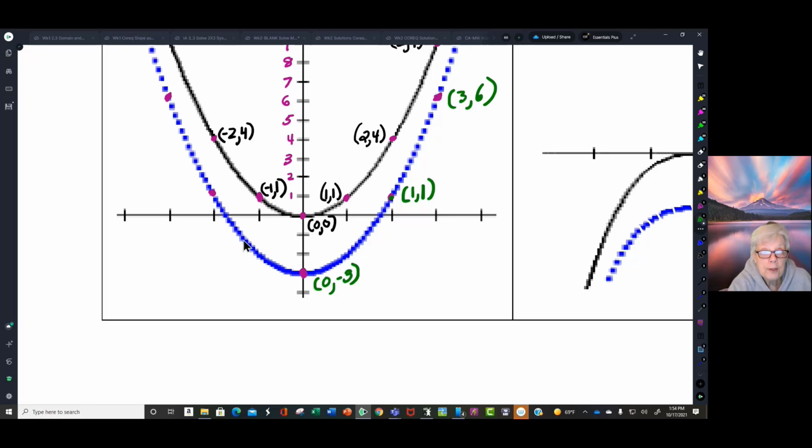All right, and so on and so forth. 1 minus 3 is -2. So here's the point 1, -2. And 4 minus 3 is 1. So here's the point 2, -1.